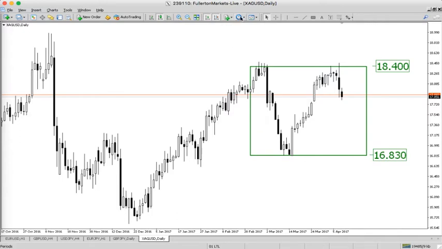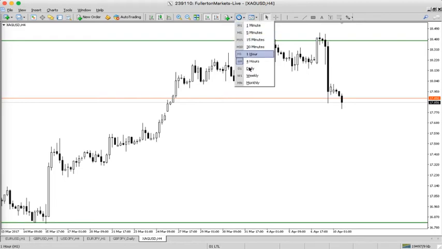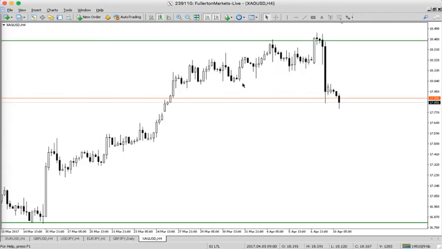Okay, let me look at the lower time frame. Why I'm looking at the lower time frame, because on the high time frame, it is quite hard to gauge where I could possibly take a trade, and the lower time frame will show some refined price action.